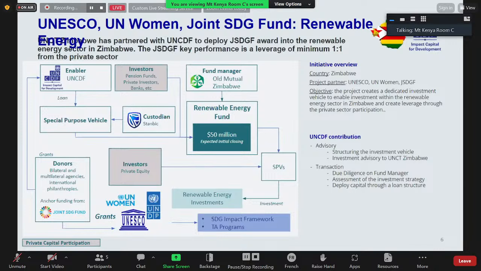And why did we do that? The grant is only 8 million USD. It's not even enough to finance one renewable energy project in Zimbabwe. So it doesn't work. Putting in 8 million, it would go as a sunk cost, it would be lost and would not yield impact. So we created the fund and said this fund is de-risked by 8 million.